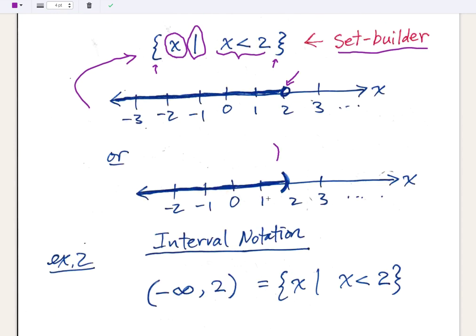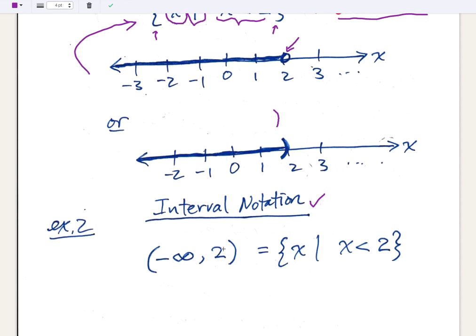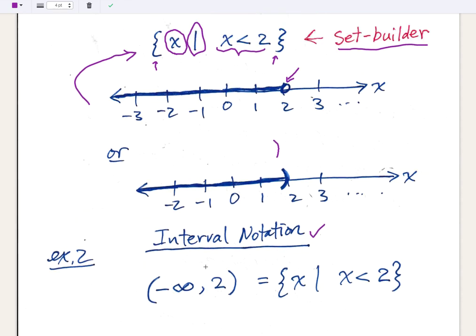I'm calling this example 2 because this is a new notation here. Exactly this same set, the set of all real numbers less than 2, is written in something we call interval notation in the following way. Now, you read from left to right, and the smaller numbers are to the left.